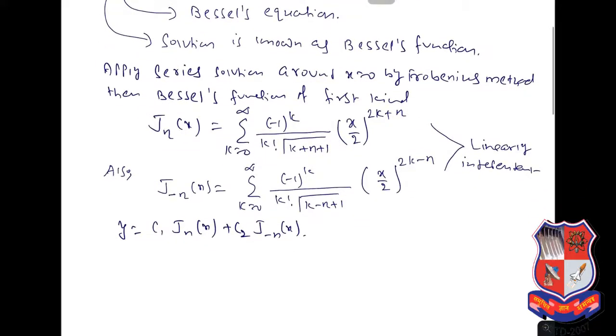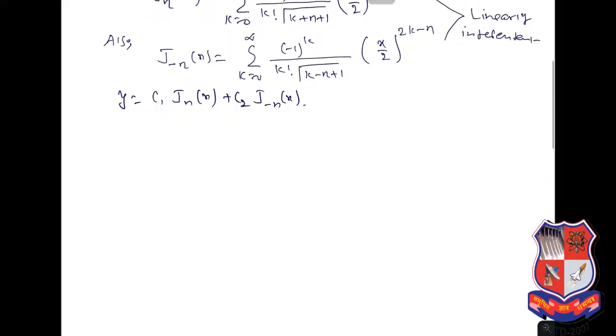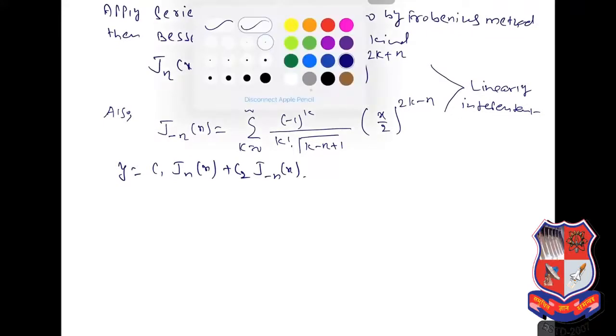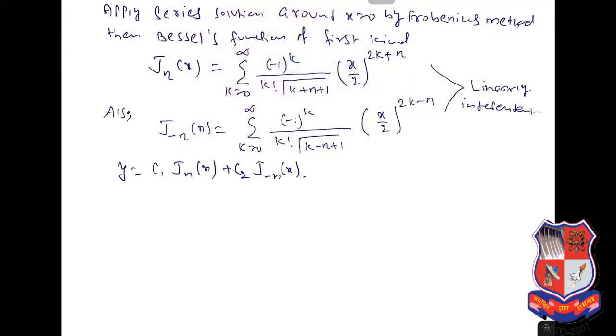Now let us have some properties. You need to remember this formula of J n x. So let us have some properties here.